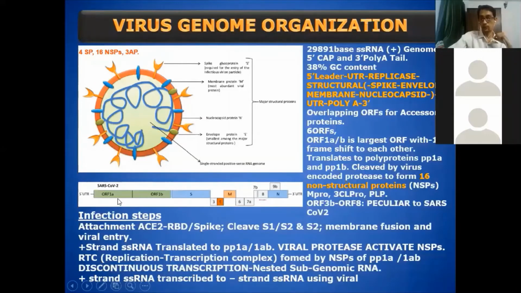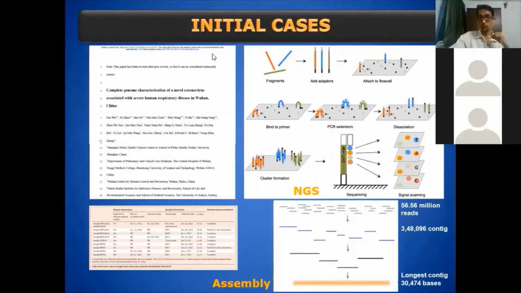One of these NSPs is the RNA-dependent RNA polymerase, and with other accessory proteins and other non-structural proteins, it forms the replication transcription complex. The transcription is discontinuous transcription, also called nested subgenomic RNA. As I said, it can start at multiple sites.